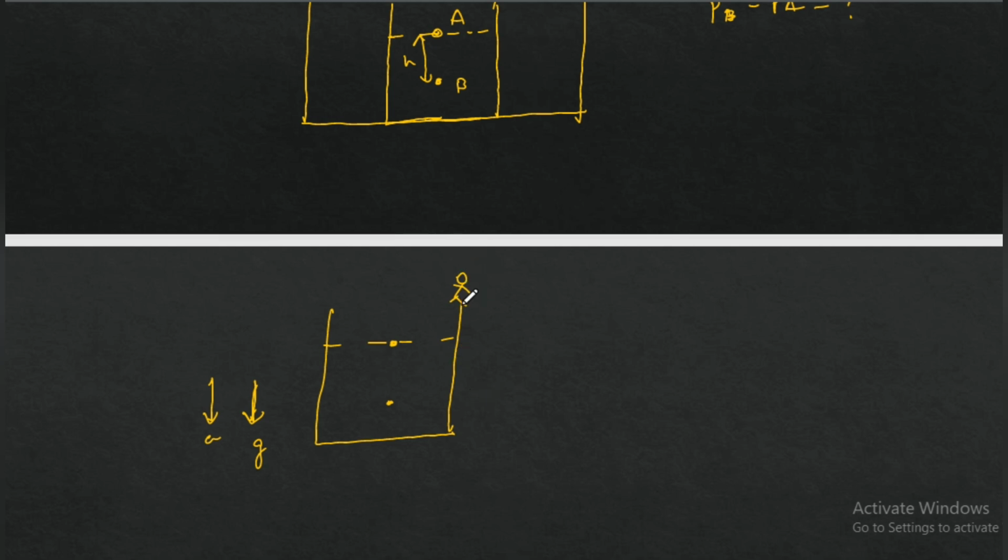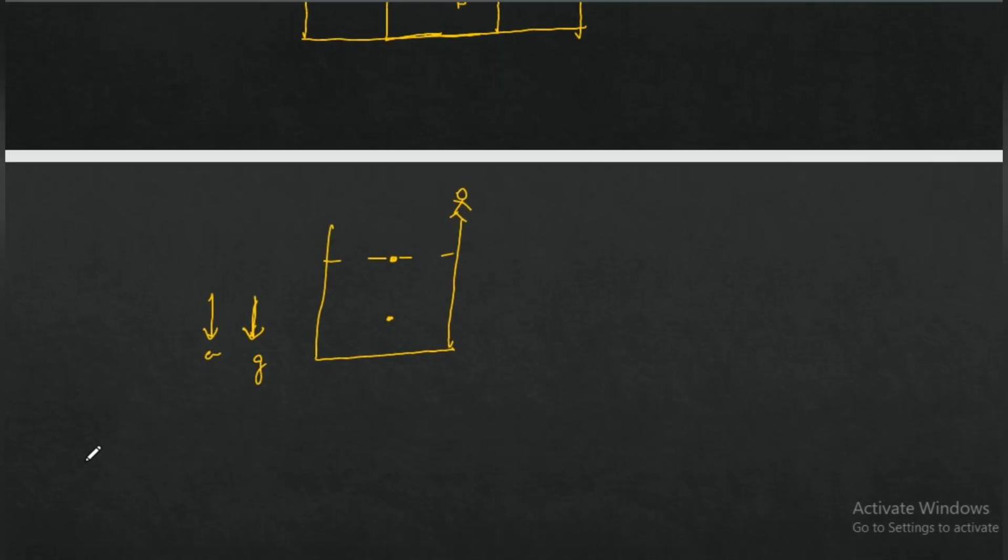So if the observer sits on the container, it will see the fluid experiencing acceleration a downwards. This concept I have explained in my previous video, so you can watch it from there. So we just attach the observer to the container and see the fluid from there. The fluid is experiencing a net acceleration of g plus a.